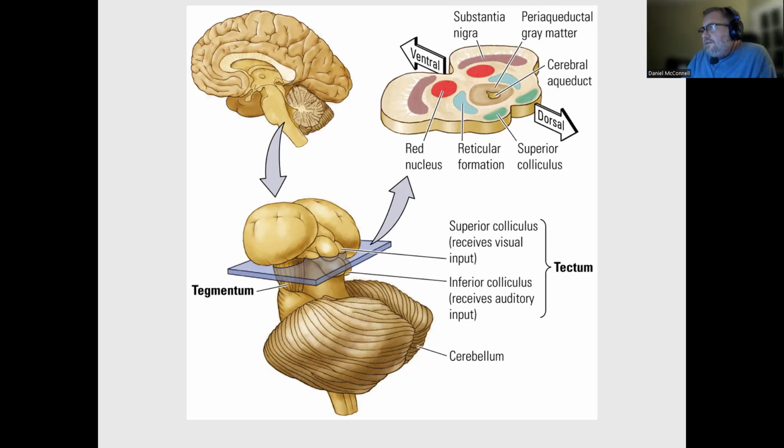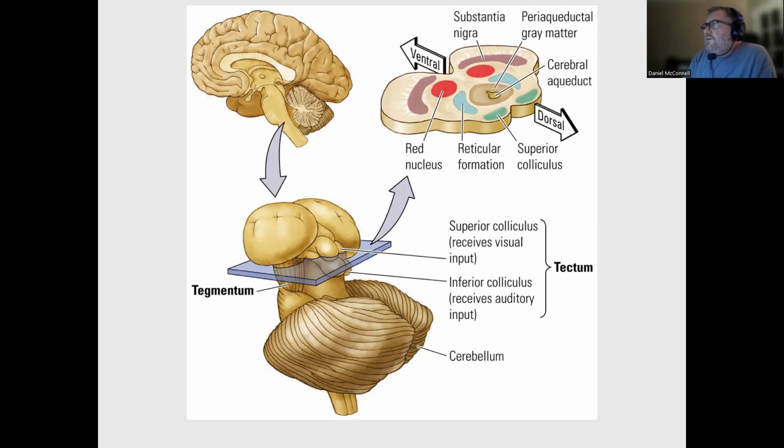The tectum includes the superior colliculus and the inferior colliculus. This is where we talk about those visual and auditory inputs. The information from the eyes to help regulate blinks and eye movements to look in different directions goes to the superior colliculus. And the auditory information that helps those orienting responses goes to the inferior colliculus.